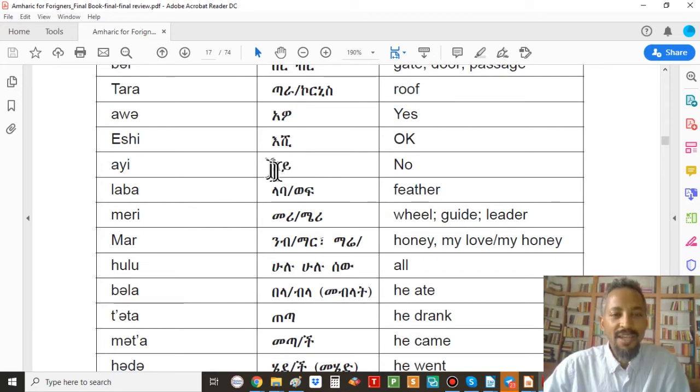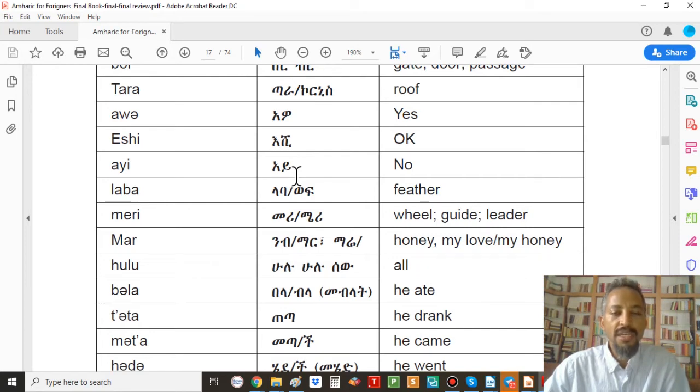And the next most frequent word is I. The pronunciation is almost the same as the English pronunciation for I. Having an exact sound in English in your language helps you to associate it and learn it so easily.